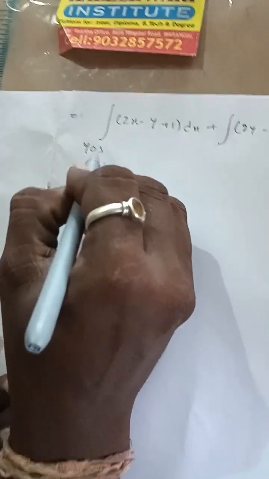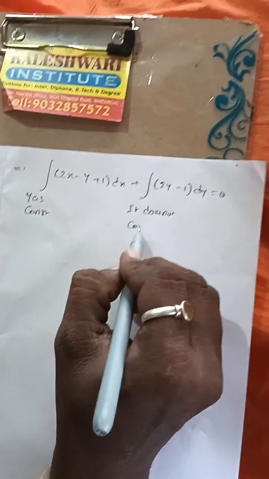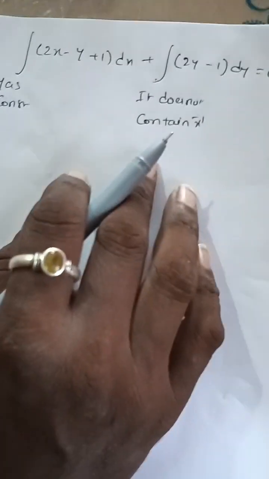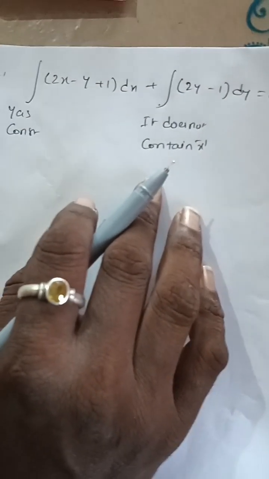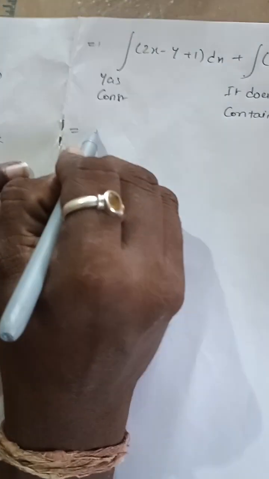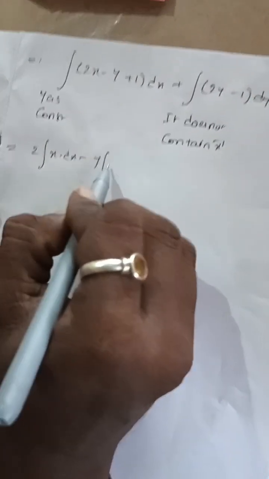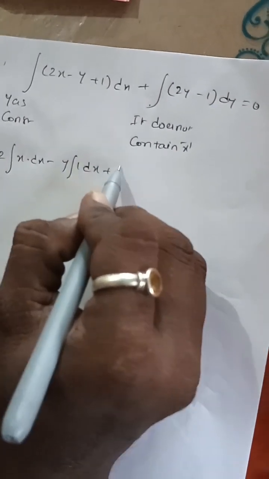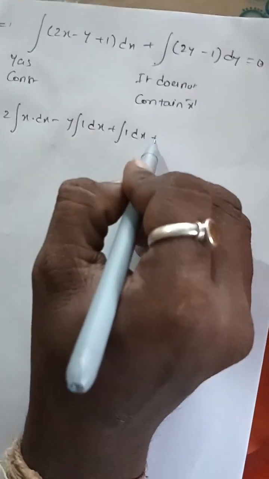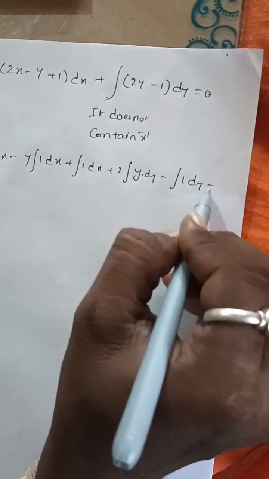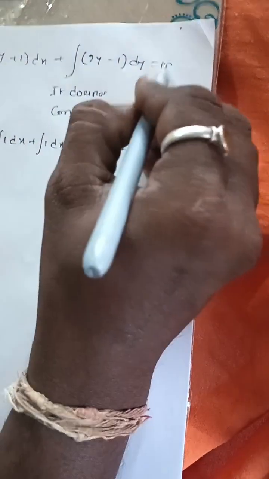Here y is a constant, and the N terms do not contain x. So now: integration of 2x dx minus y times integration of 1 dx plus integration of 1 dx, plus integration of 2y dy minus integration of 1 dy, equal to c.